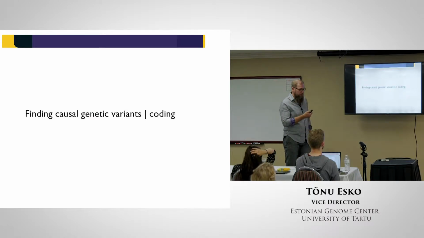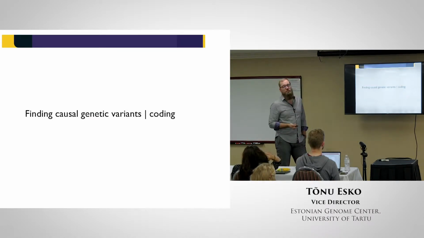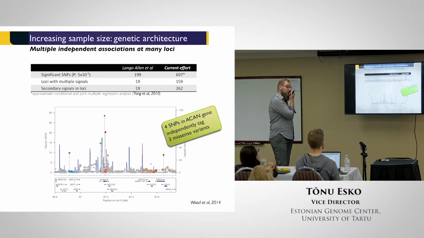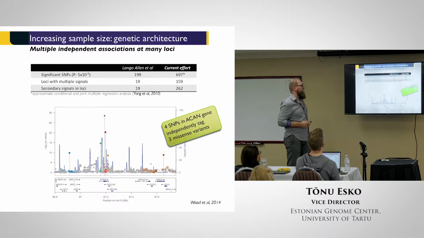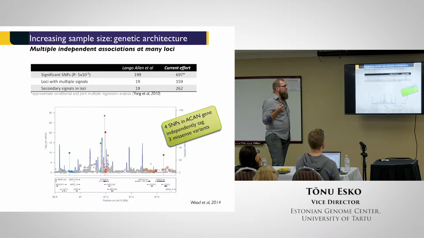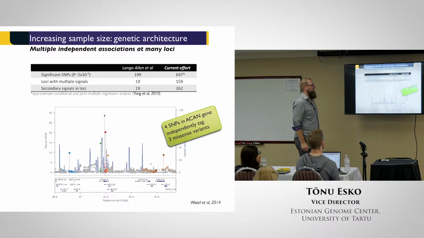So now we know some tricks we can use to try to find the causal variants. Something very simple, and this is an example from the height paper Jonathan mentioned yesterday. There I think we had around 200,000 participants, and we found, at the time, quite a large number, like 700 independent hits.